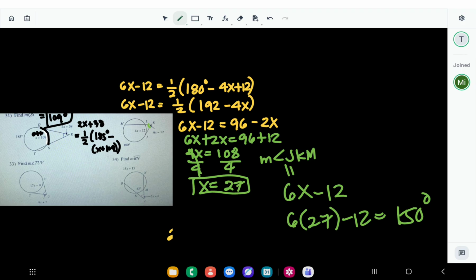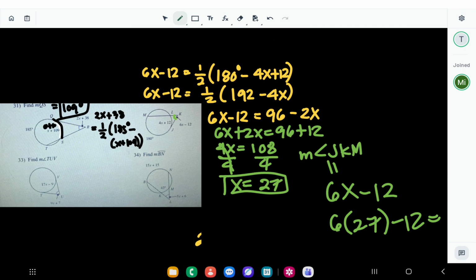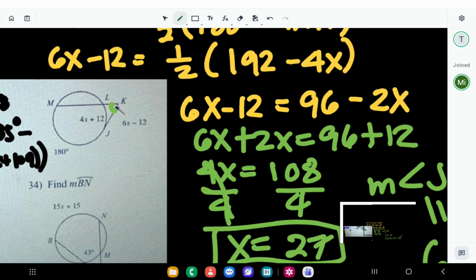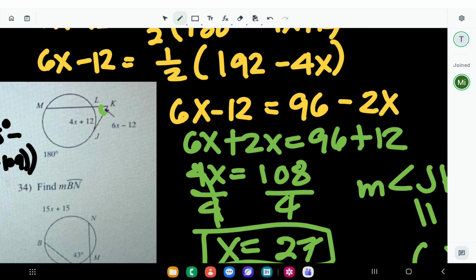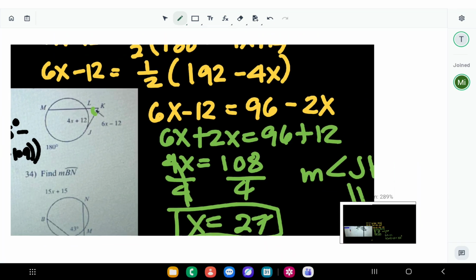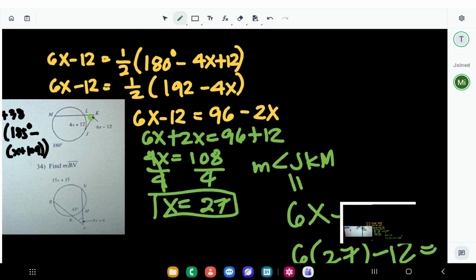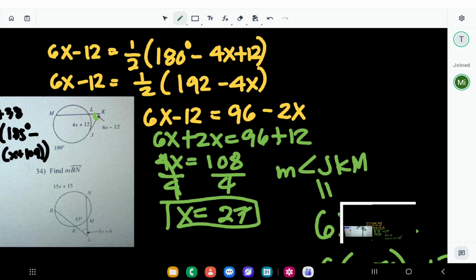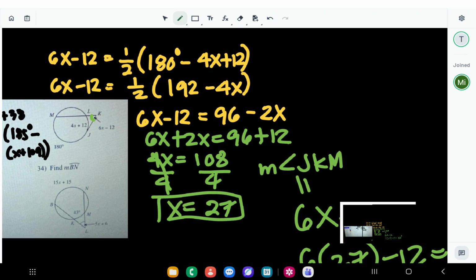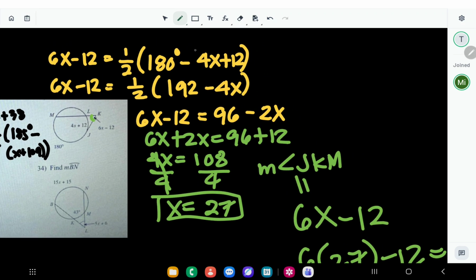I think we made a mistake. Okay, we have 6x minus 12 equals 1/2 of 180 minus 4x minus 12. Oh, it should be minus 4x minus 12. So it's not add.